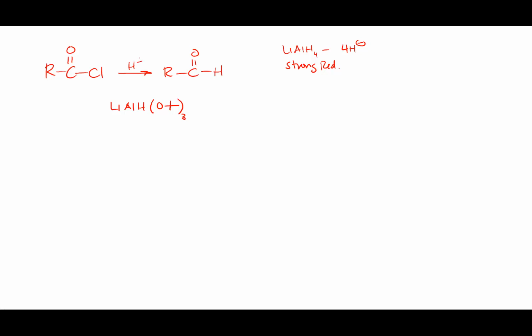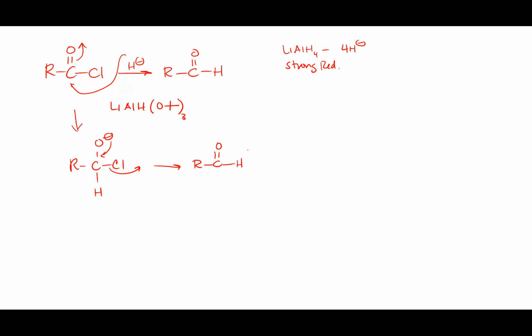My H minus does what? Comes in, attacks the carbonyl. I end up forming my O minus with my Cl. Again, O minus brings a pair of electrons down because it can kick the chlorine off. I form my aldehyde.